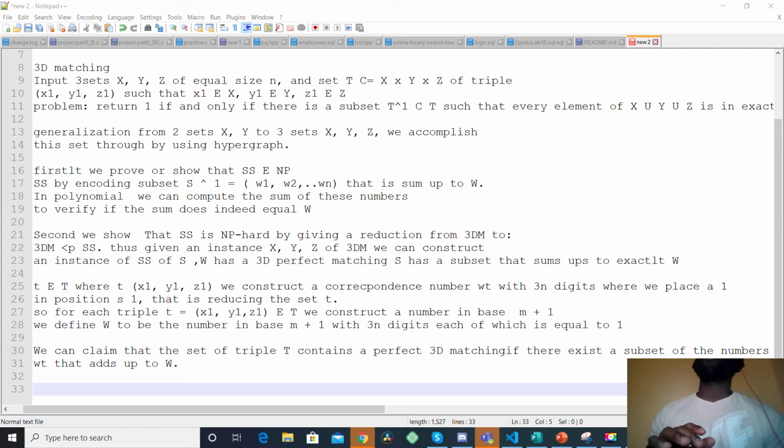There is a single 1 in each of the 3n digit positions by construction, so the result is equal to W by construction of W.